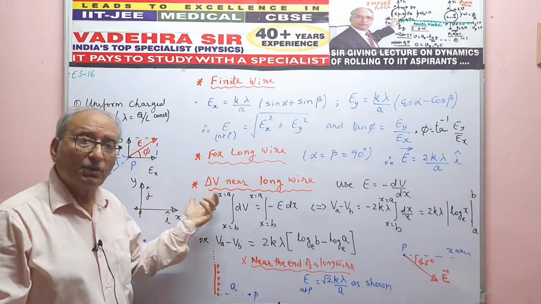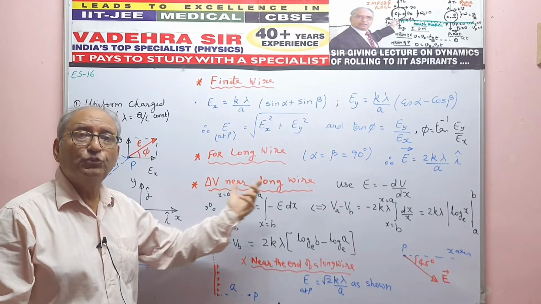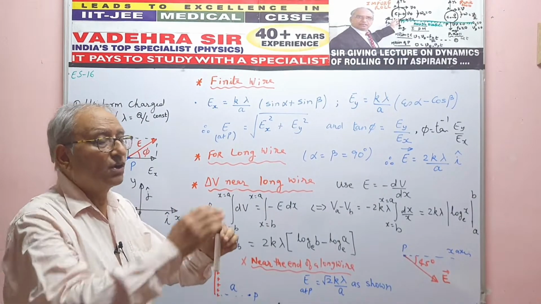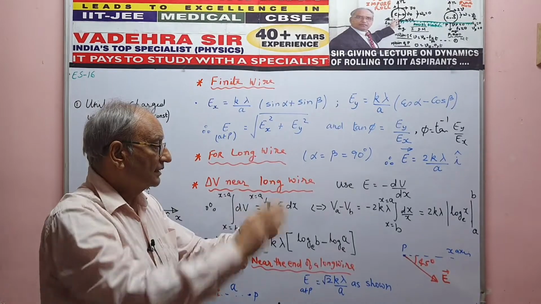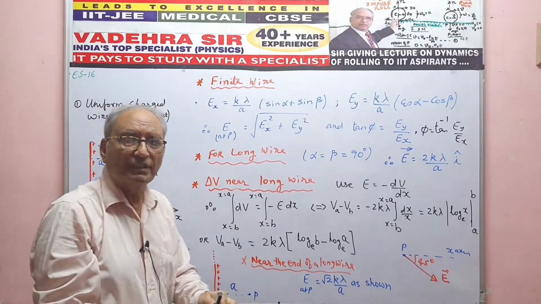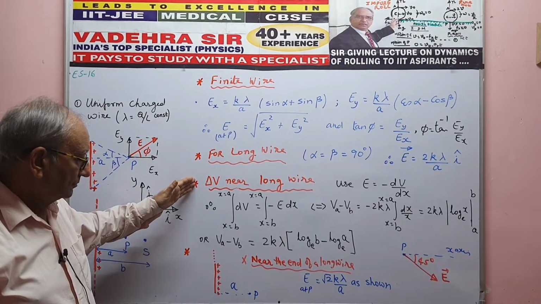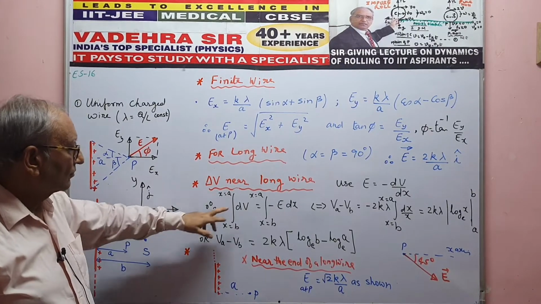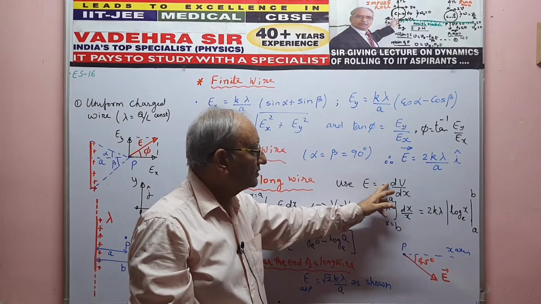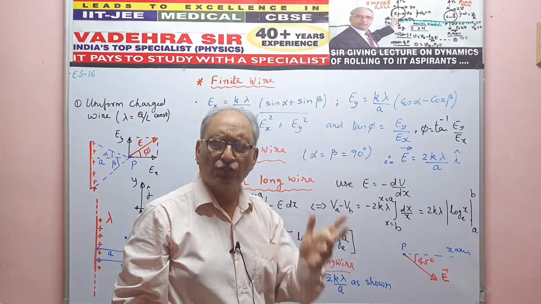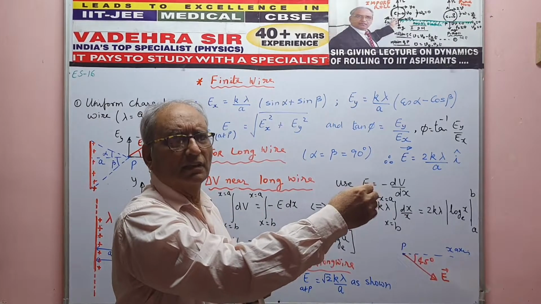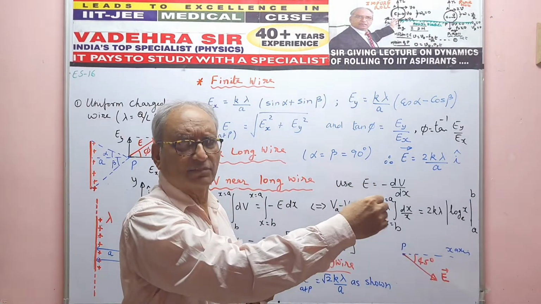Let me now talk about the potential difference between two points near the long charged wire. For that, I use the expression E is equal to minus dV by dx, assuming the perpendicular distance x from the wire.